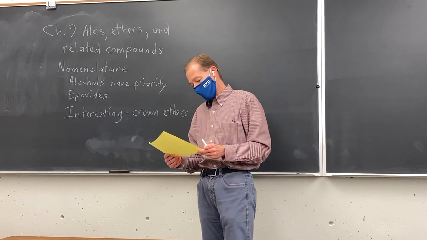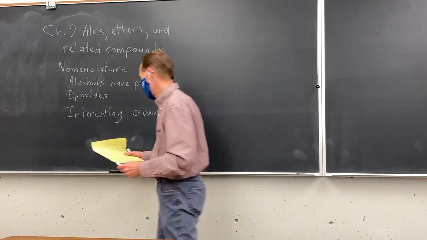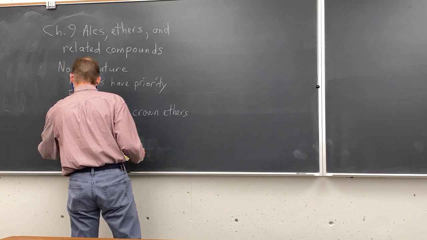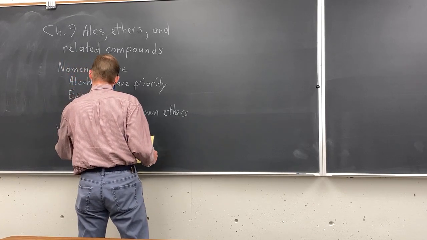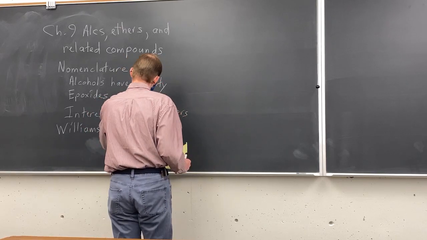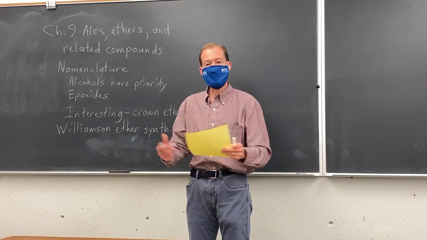So then we went on and talked about the preparation of the compounds that we studied in this section. And the key reaction we learned was the Williamson ether synthesis, which is simply an SN2 reaction.